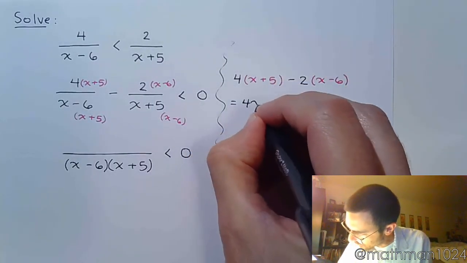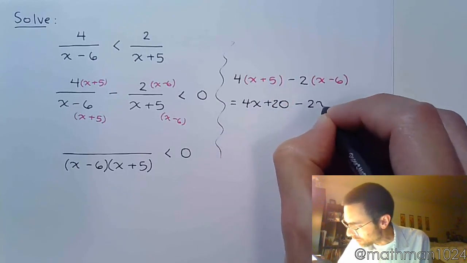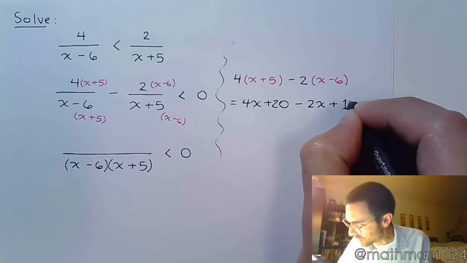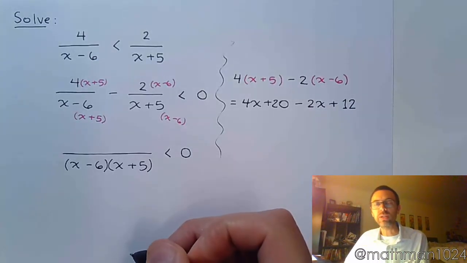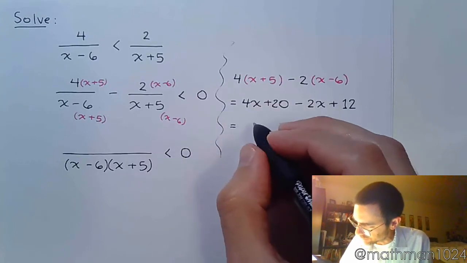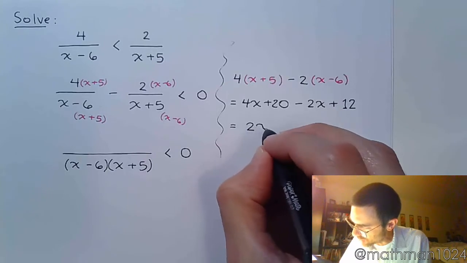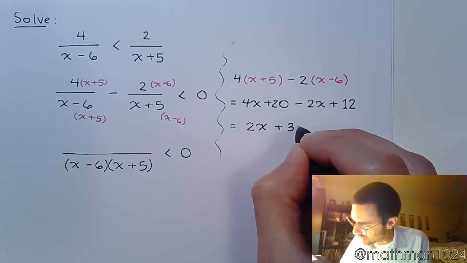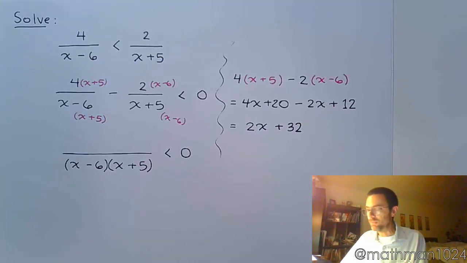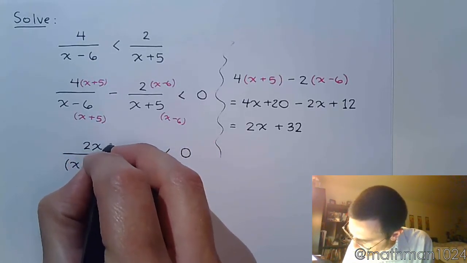So we have 4x plus 20 minus 2x plus 12. Make sure you watch your signs. Distribute very, very carefully. Combine like terms. So we end up with, what is that? That's 2x plus 32. All right, so my big numerator here is 2x plus 32.